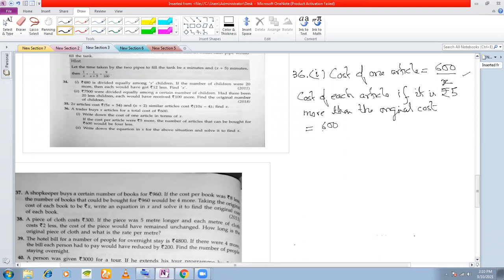Each article was 600 by X, right? So if the cost was 5 rupees more, then you add 5 to this. This is the new cost of each article. The number of articles that can be bought for rupees 600 would be 4 less. Now, initially, how many articles were you buying? You were buying X articles for rupees 600. Now, new number of articles that can be bought.